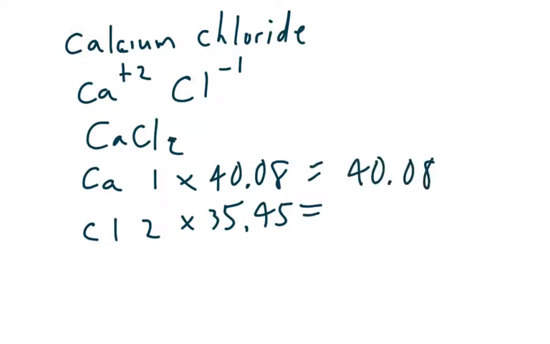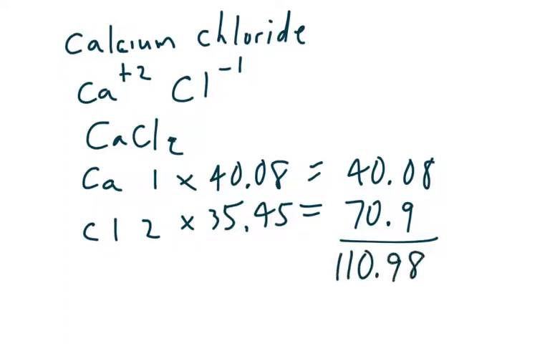So we got 40.08 for calcium. And then 35.45 times 2 rounds to 70.9. Let's add that up. So 70.9 plus the 40.08 of the calcium, you get a total of 110.98 grams per mole.